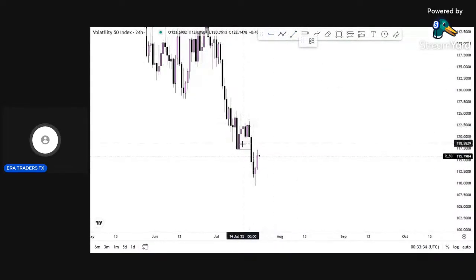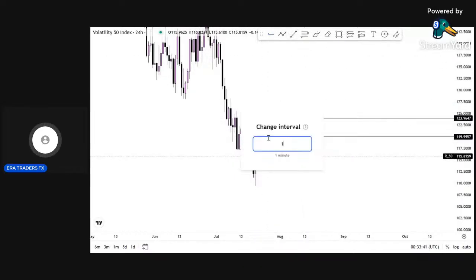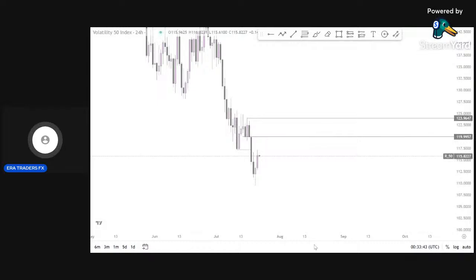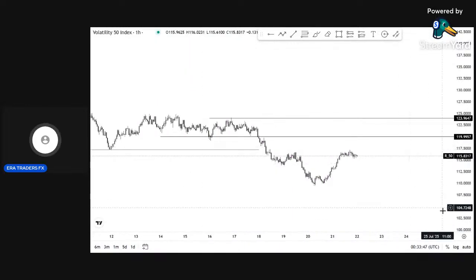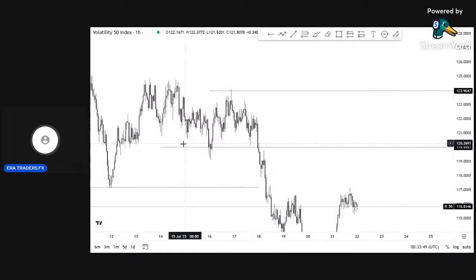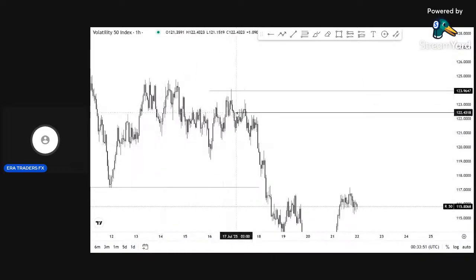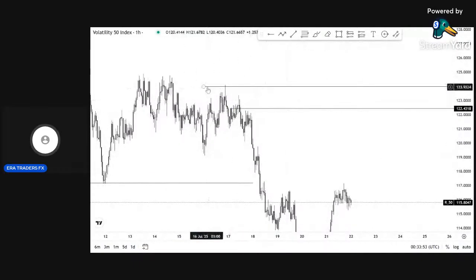So we had our validation, invalidation. So these are internal structure. Go to the 1 hour time frame. On the 1 hour time frame, I'm looking for my structural liquidity. So I'll use this one, and you can put your stop loss above here.